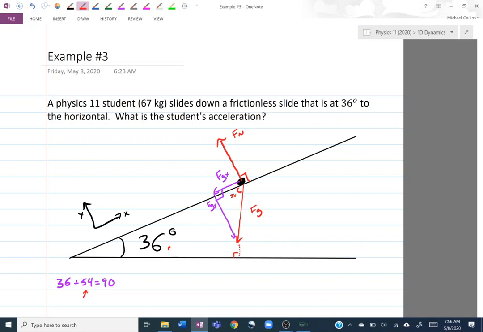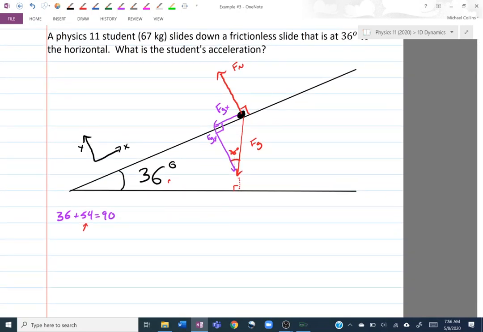So I'm going to get rid of this angle, and we're going to use the angle that they've given us here, 36 degrees. By now, you should recognize that what you're going to have to do is find the magnitude of those components. So I'm going to do that first.